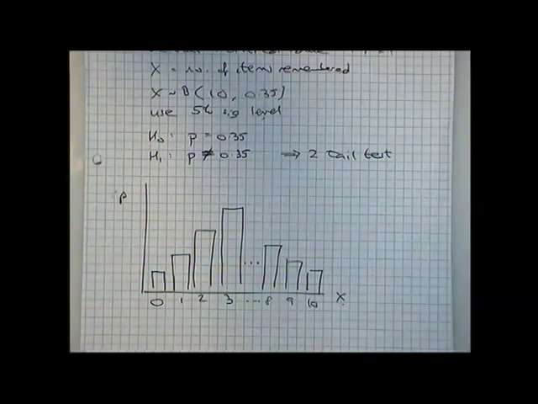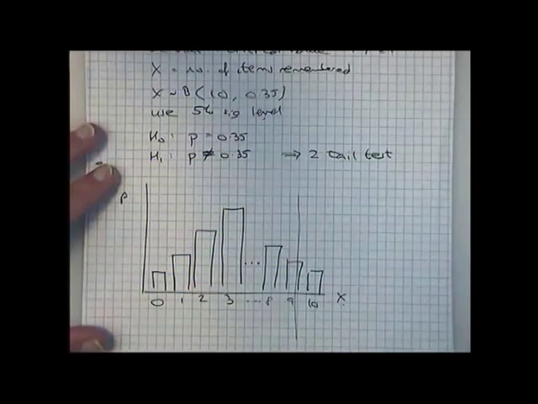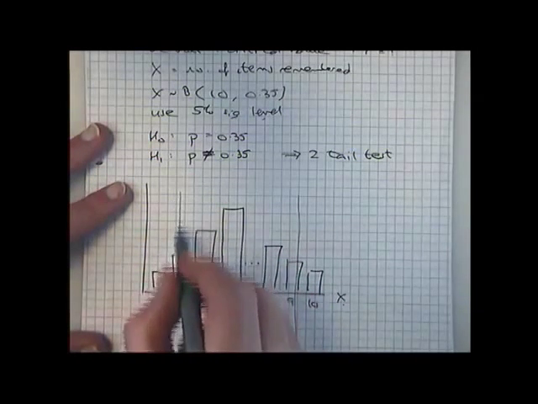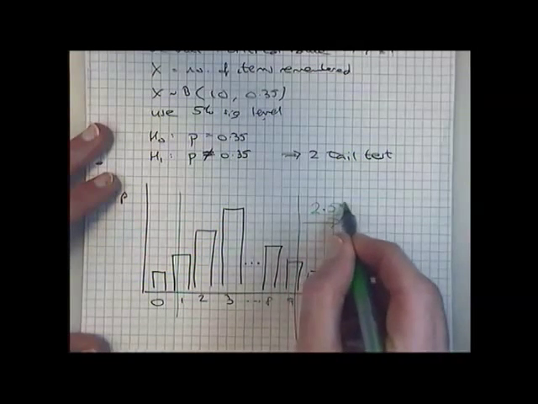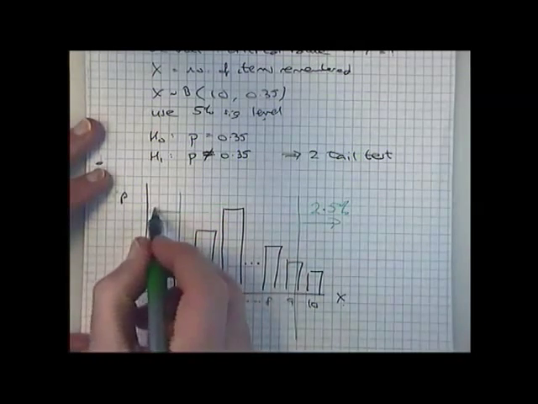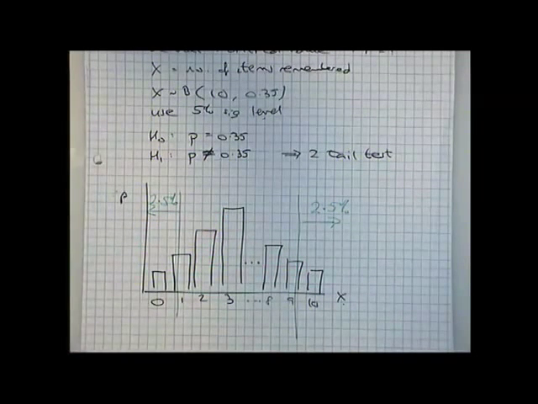Now, if it's a two-tail test at 5% significance level, I don't know where these lines actually will be, I haven't done that yet. But there'll be a line here, and it probably will go through a bar, and a line here, where over here there's 2.5%, and over here there is 2.5%.